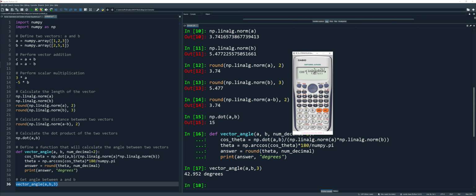For the length of vector A, it's square root of 1 squared plus 2 squared plus 3 squared. And for the length of vector B, it's square root of 2 squared plus 5 squared plus 1 squared. So equal sign. So this is in degrees. And the answer is 42.952 or 9519. So it's the same.